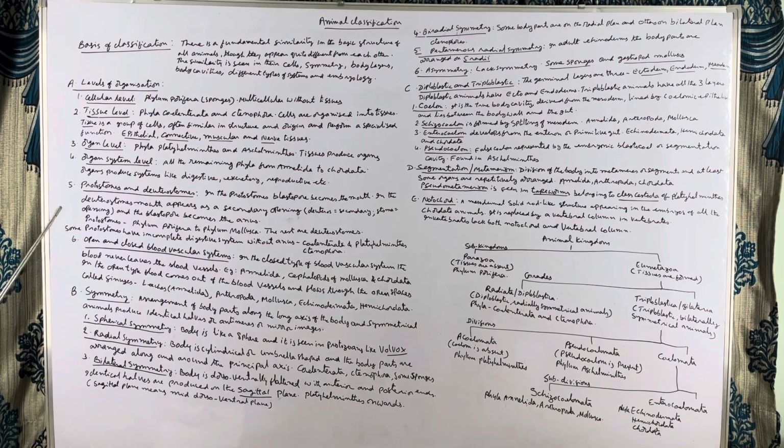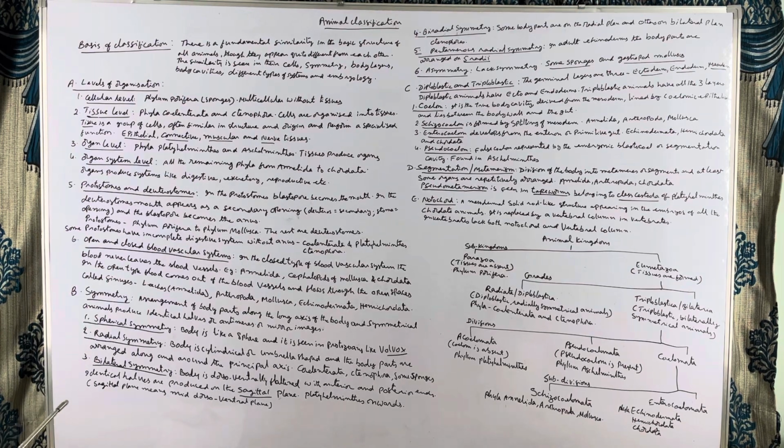Then the next level of organization is organ system level. Organs make up a variety of systems. For example, digestive system, nervous system, excretory system, reproductive system, like that. This is called organ system level.